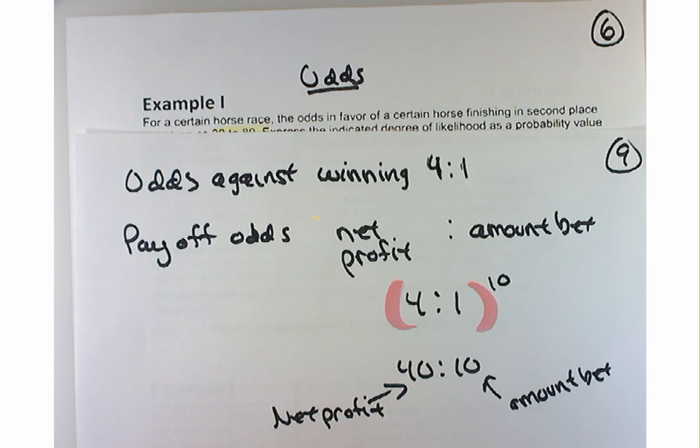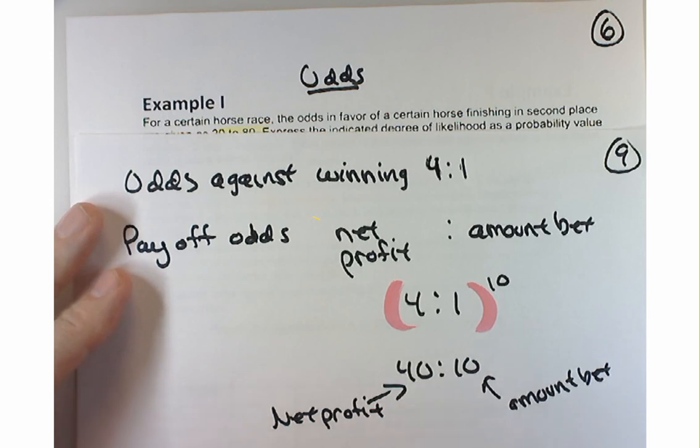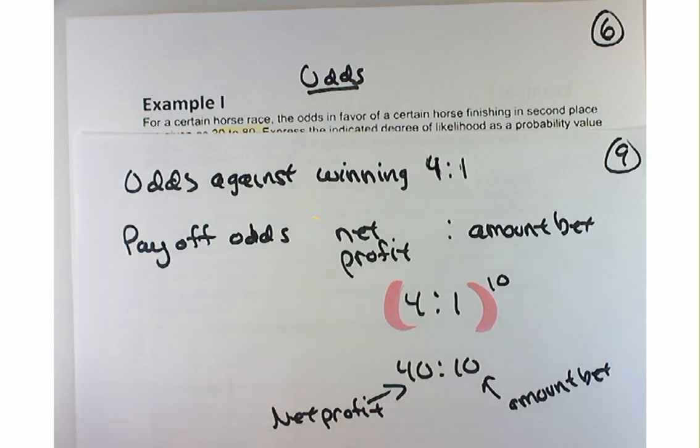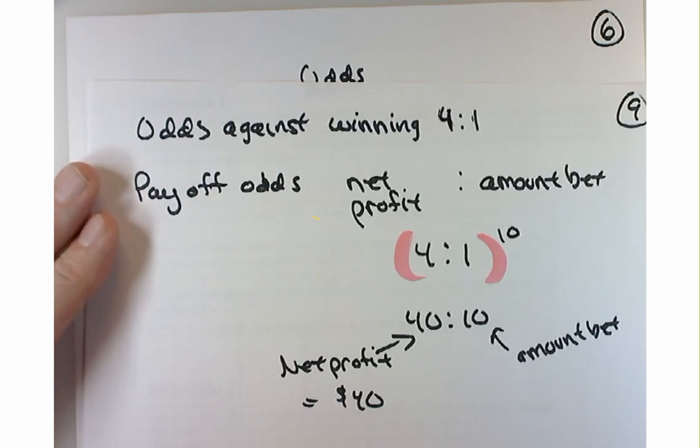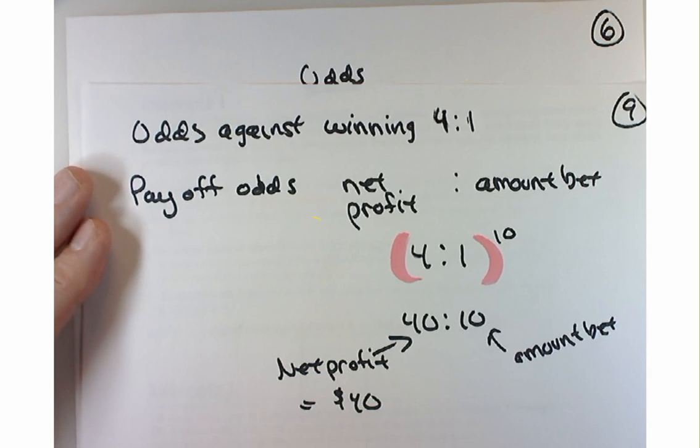Are you okay with our calculation of our net profit? We got one more coming like this. I think the answer is 40. So that's what the net profit is. If you're typing this into MyMathLab or something like that, 40 would be your final answer there. Thank you.